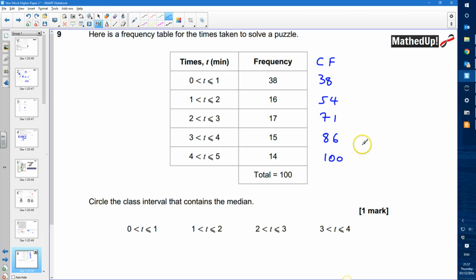Okay, so our median is going to be in between our 50th and 51st time. So we can see that our 50th and our 51st time are going to fall within this group over here. So it's going to be t greater than 1 but less than or equal to 2. So that's going to contain our median.